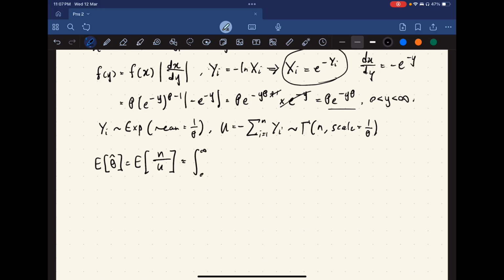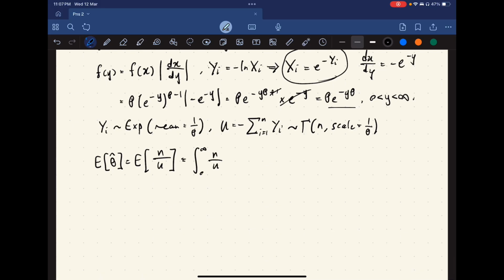Integral of n over u, times the PDF of the gamma distribution. So what is the PDF of your gamma distribution?